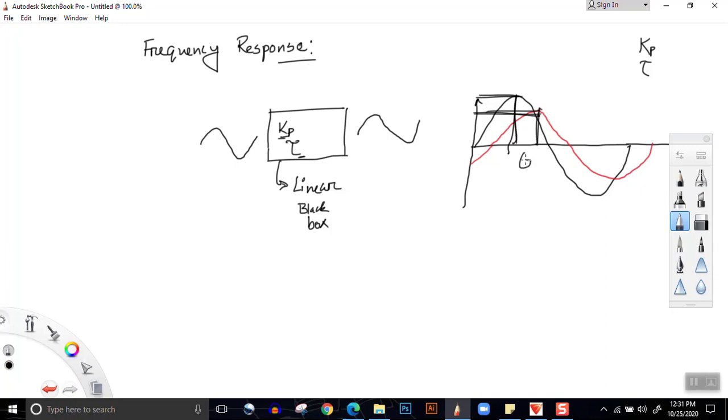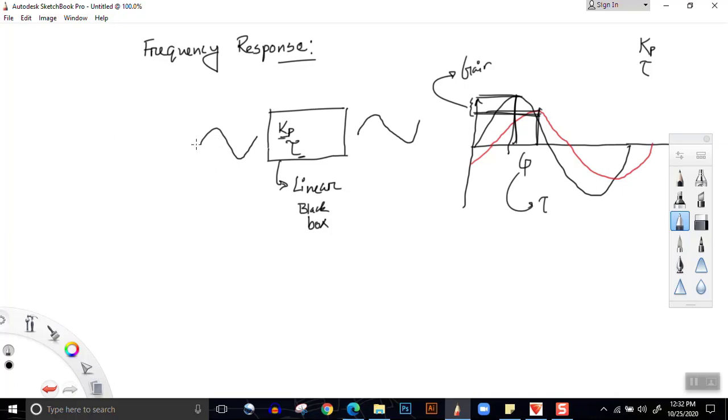The phase lag we define as phi, and there is a change in magnitude. From this change in magnitude, we'll be able to determine the gain, and from the phase lag, we'll be able to determine tau, the time constant. This is true for any linear black box, that is, for any linear plant.